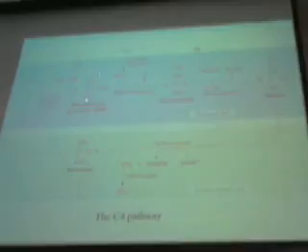And the way it does this is it has two types of cells. The outer cell in the leaf is called the mesophyll cell. The inner cell is called the bundle sheath cell, and that's where the photosynthesis occurs. This pathway involves enzymes we've all seen before. We take phosphoenolpyruvate, an intermediate in glycolysis.